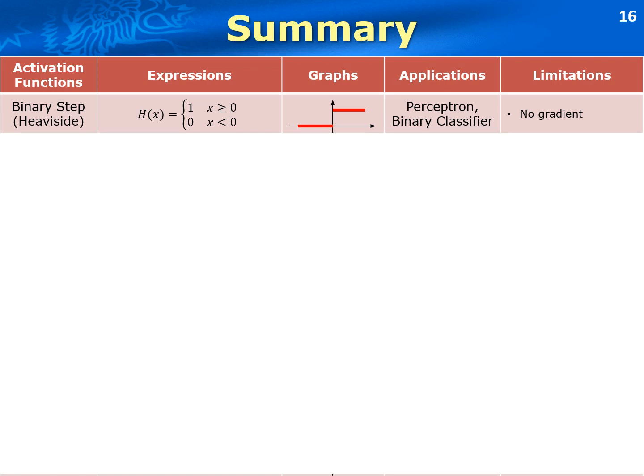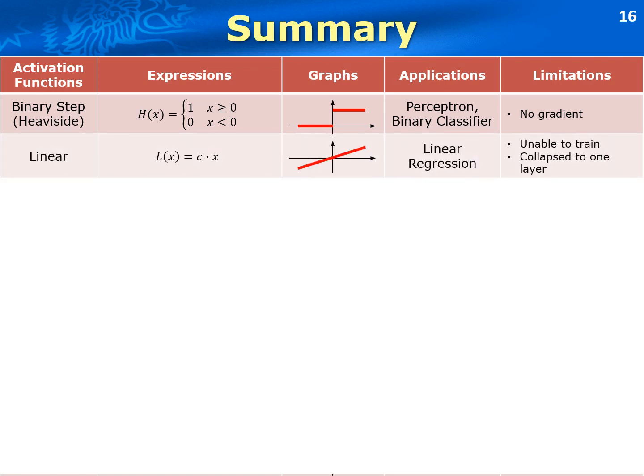Linear function is often used in linear regression. However, its gradient is a constant value independent of the input data. Moreover, it is not used in hidden layers, because the linear combination of linear functions is another linear function, which will make all layers with linear activation functions collapse into one layer.